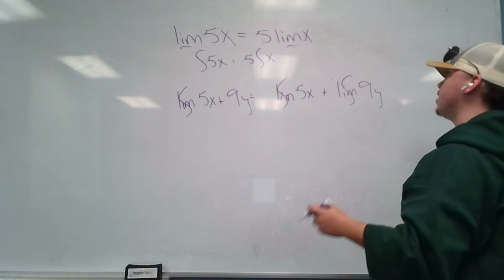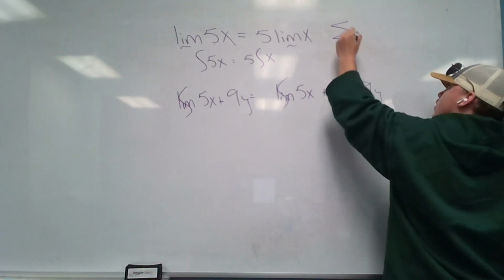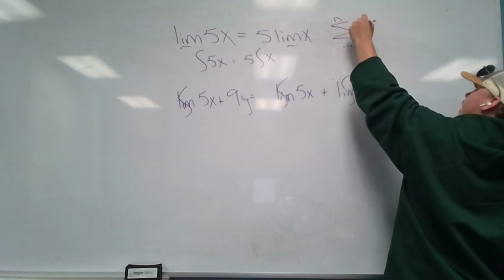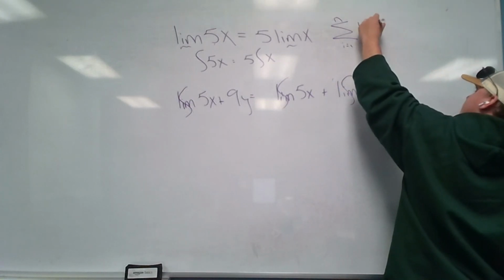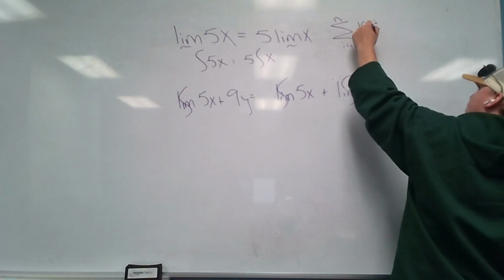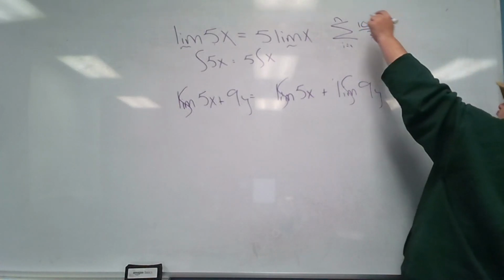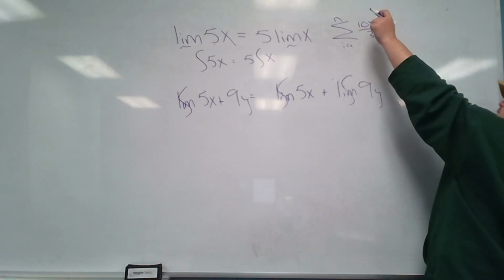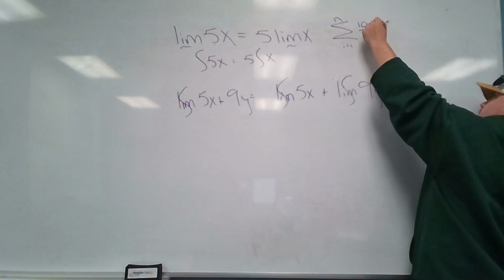Now, they also apply to sums. If I have a sum, i equals 1 to n, of, say, 10xi over 3, I can take out the x. Actually, this can be n. That's what you're going to be seeing on the questions.